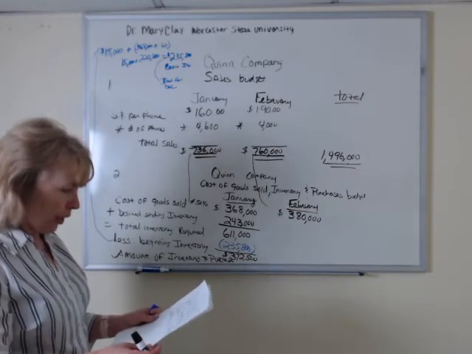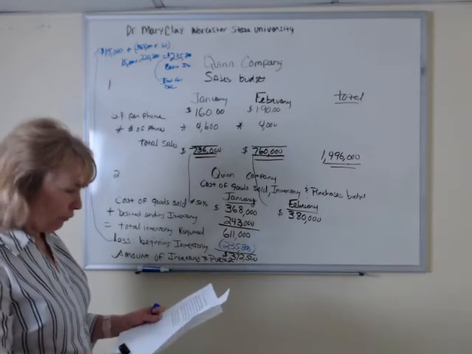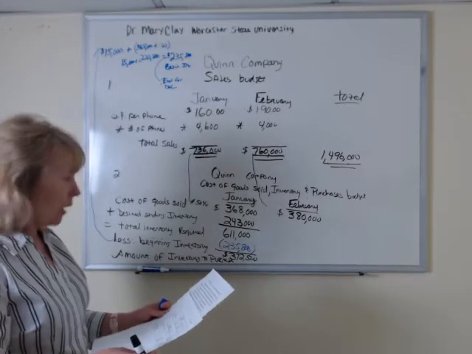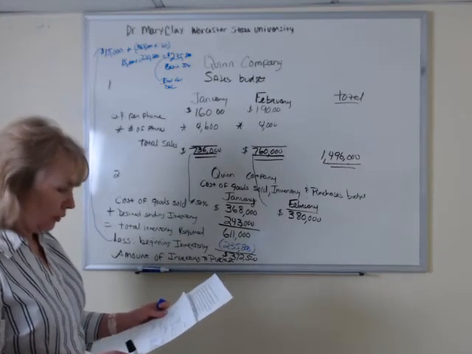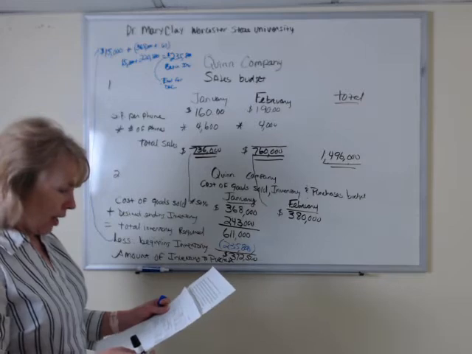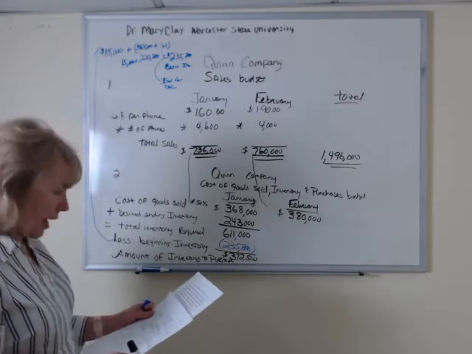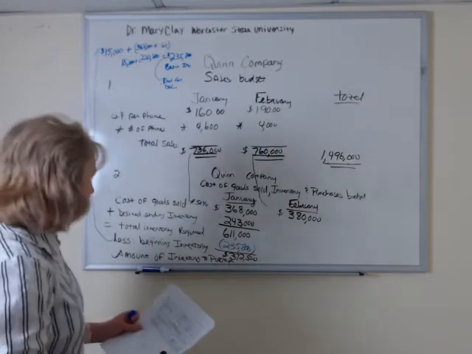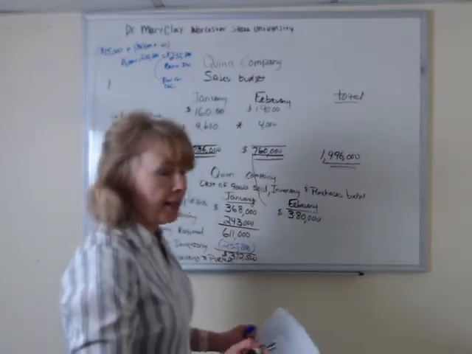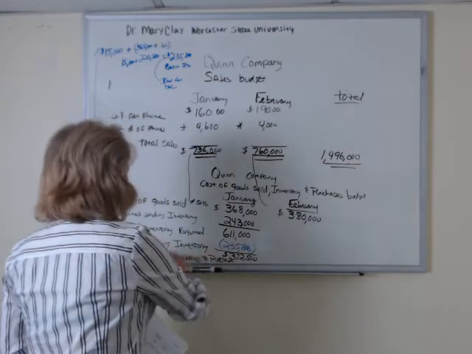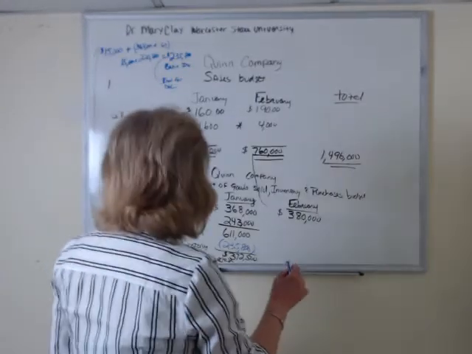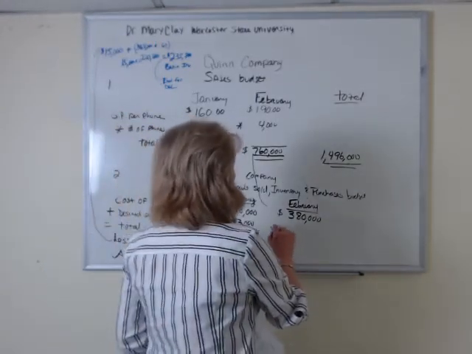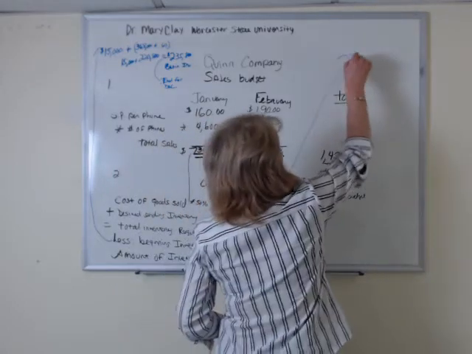All right, February. So now we're going to go through February. We already did the cost of goods sold. Next is the desired ending inventory, and we have to do some work. Let me draw the blue again, and draw a line, and I'm going to show you how you do that.